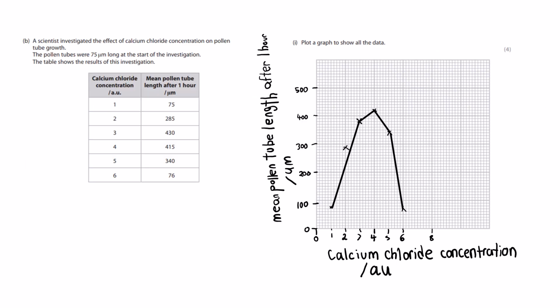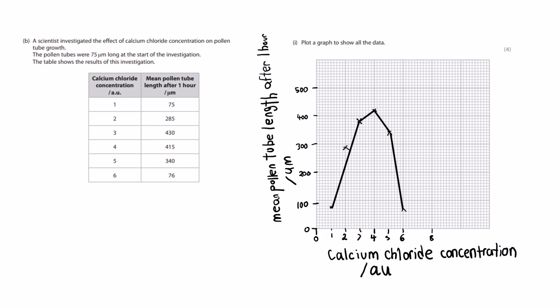Okay, a scientist investigated the effect of calcium chloride concentration on pollen tube growth. The pollen tubes were 75 micrometers long at the start of the investigation. The table shows the results of this investigation. So we have our y-axis and our x-axis.